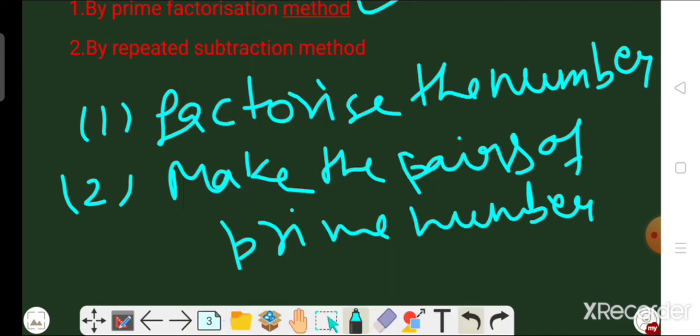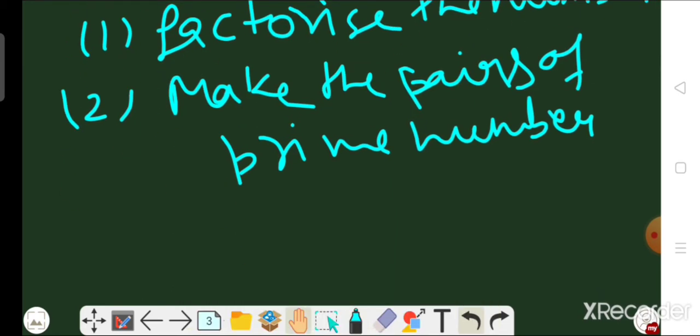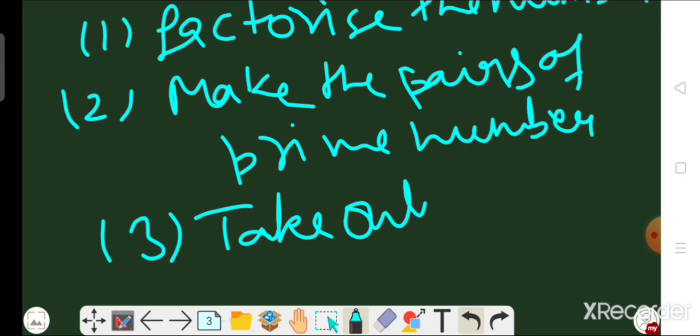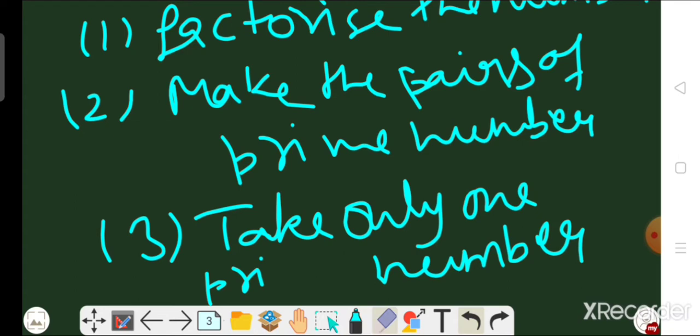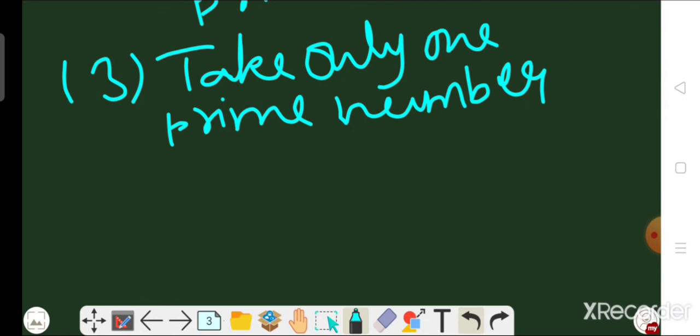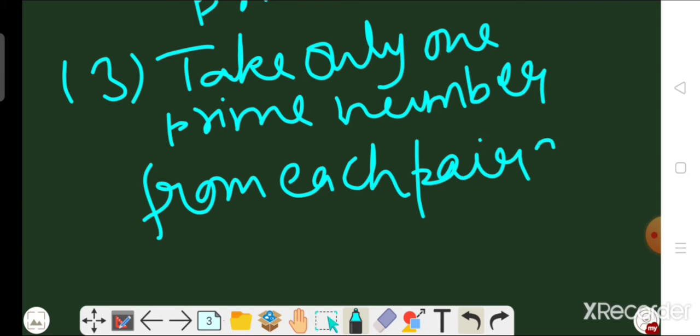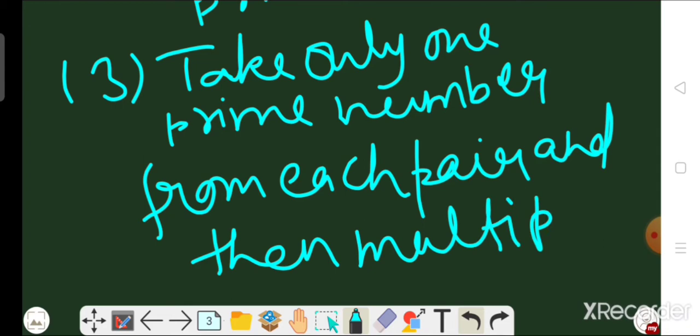And the last step in this method is to take only one prime number from each pair and then multiply them.